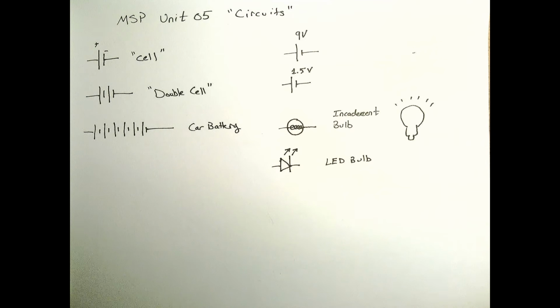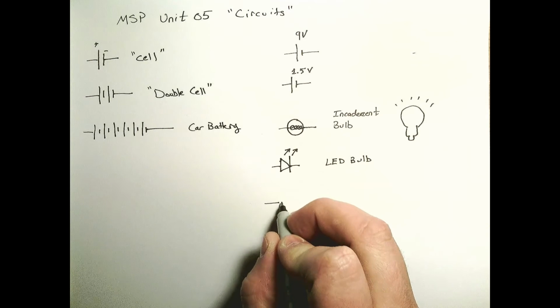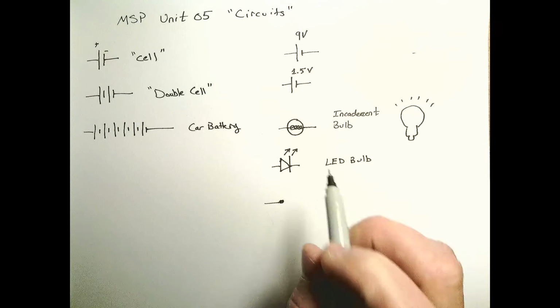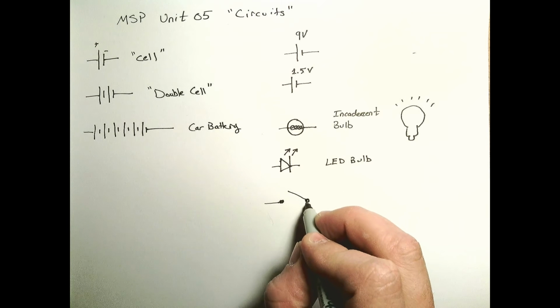Okay. Now, sometimes we have things that use electricity, but they're not light bulbs. For instance, there are things called resistors, which use electricity. Certain light switches are types of resistors. Okay, so when we draw a switch, especially what we call a standard brake switch, it looks something like this.